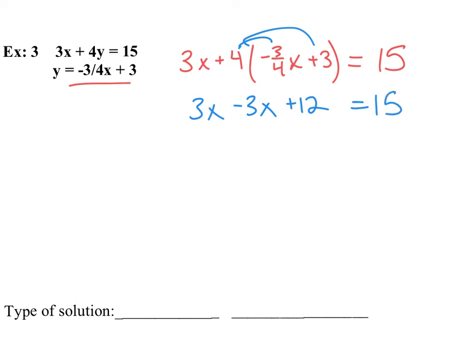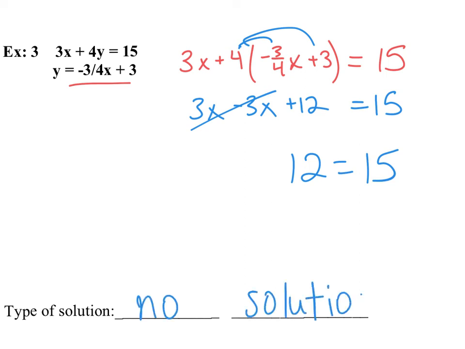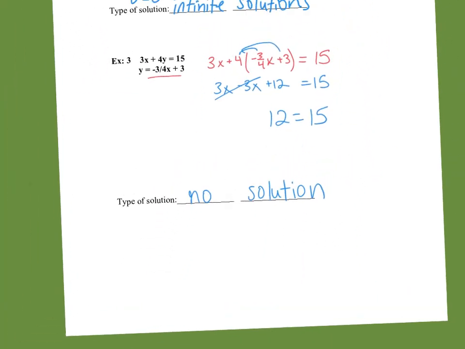What's 3x minus 3x? 0. So 12 equals 15. Does 12 equal 15? No. So what do we think this is? No solution. If you get a false statement, it's no solution.